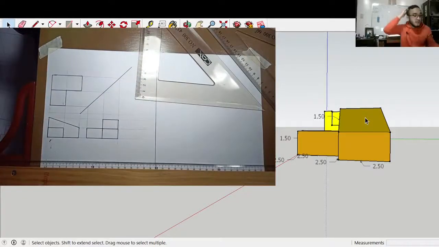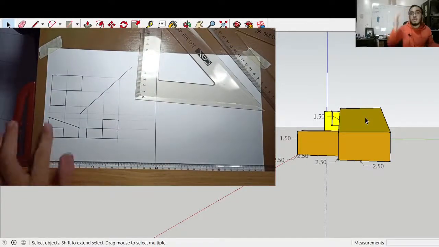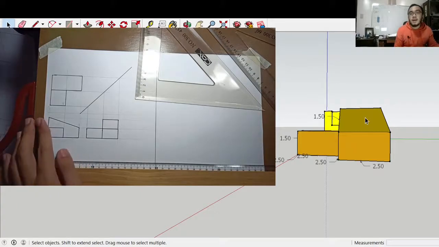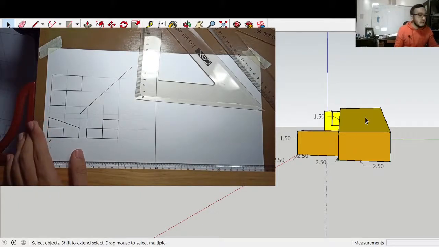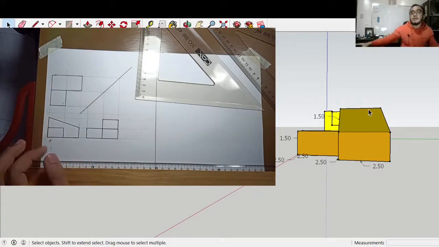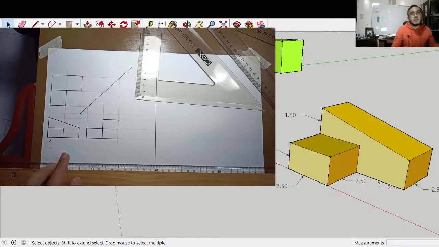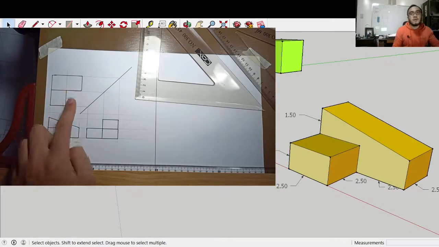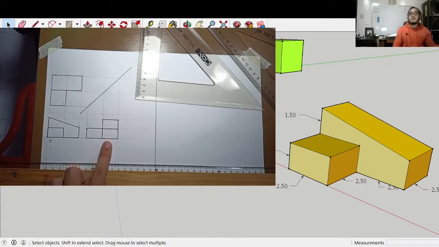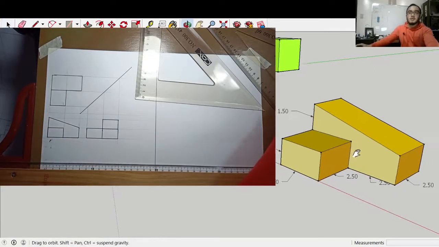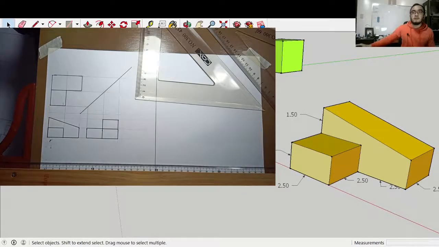So, aside from the dimensions, complete na tayo. So, for us to complete this drawing right here, lalagay lang natin yung dimensions natin. But, yeah, that's how you would draw an orthographic drawing coming from a three-dimensional drawing. Lalabelan nyo lang to ng front view, top view, and ng right side view. So, this is the orthographic projection of this three-dimensional figure right here.